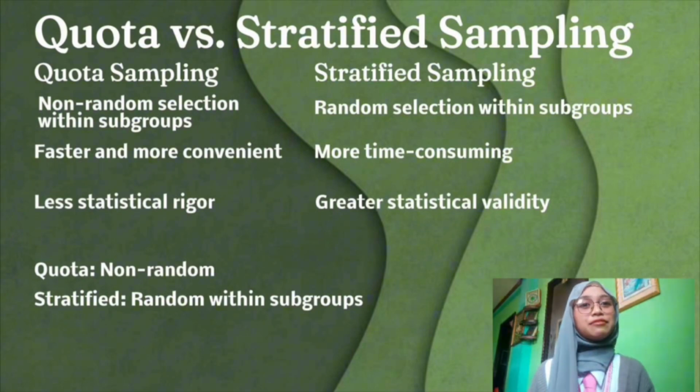However, stratified sampling uses random sampling within each subgroup, while quota sampling uses non-random selection. Therefore, stratified sampling provides more control over the sample composition as it ensures random selection within each subgroup.